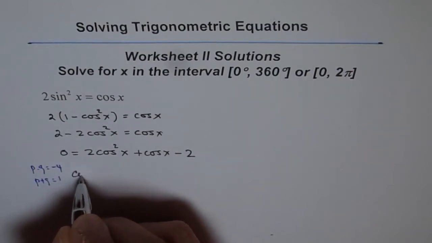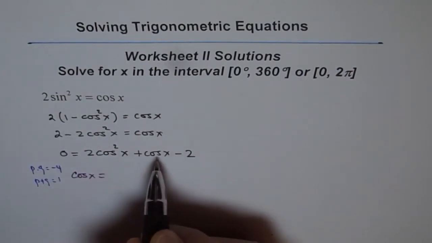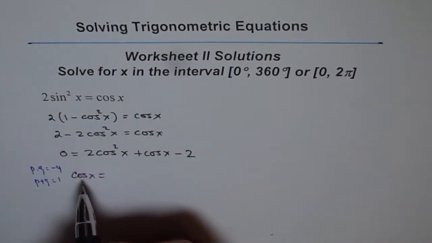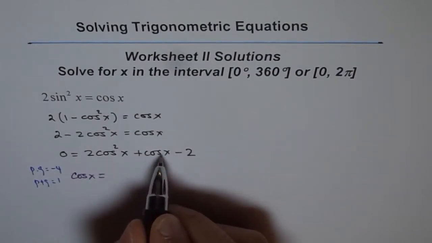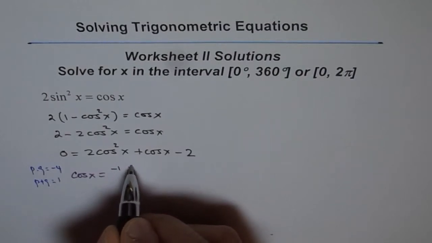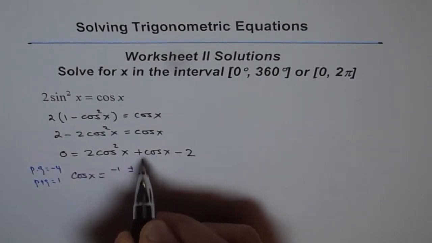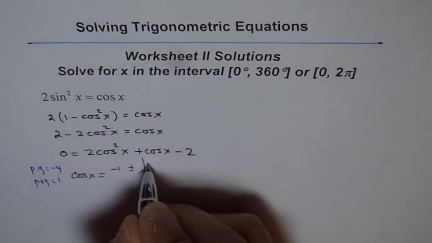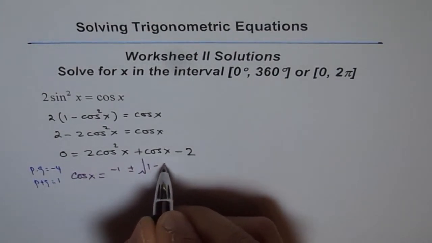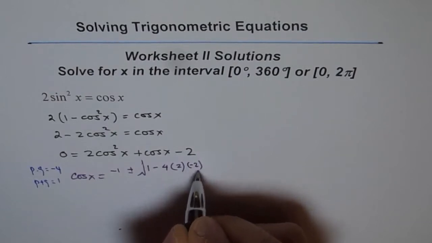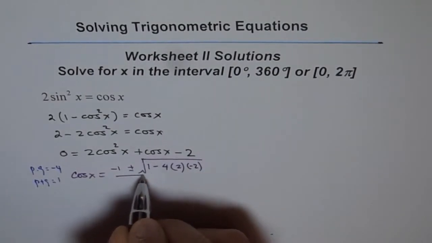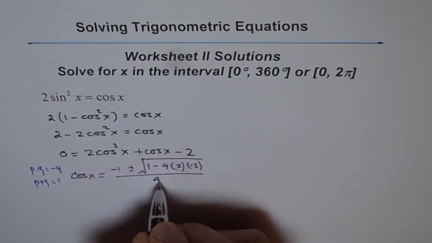So cos x equals, the variable is cos x, so instead of writing x, write cos x, equals minus b, which is minus 1, plus or minus the square root of b squared, which is 1, minus 4 times a, which is 2, and c, which is minus 2, divided by 2 times a, which is 4, correct?